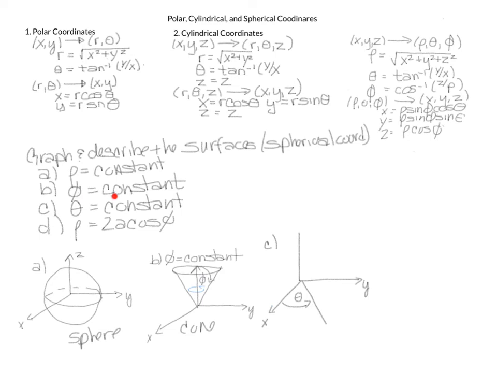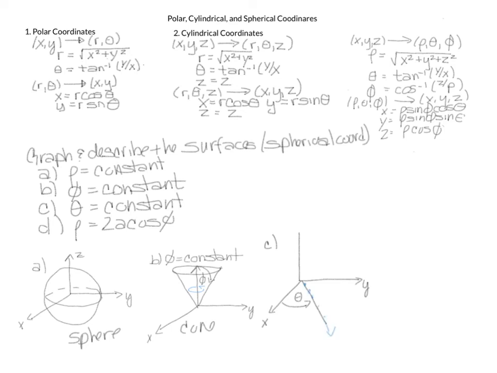Theta equals a constant in spherical coordinates is very similar to the cylindrical coordinates. So we have theta is our angle between the x-axis and our vector. The two things that are not restricted are rho, so rho can be very small, or our radius can go out into infinity.